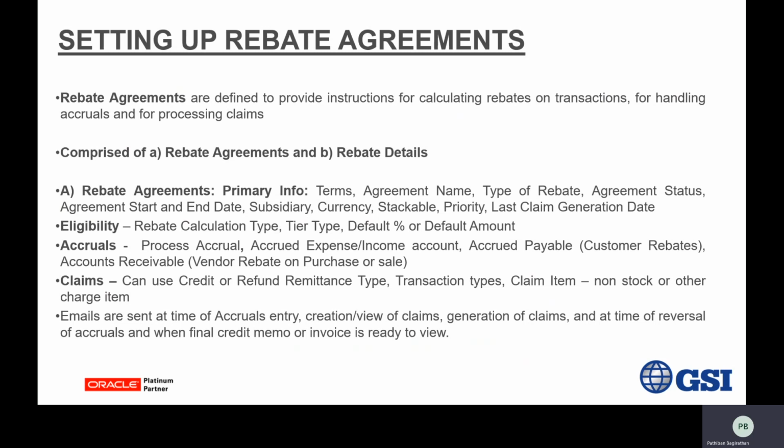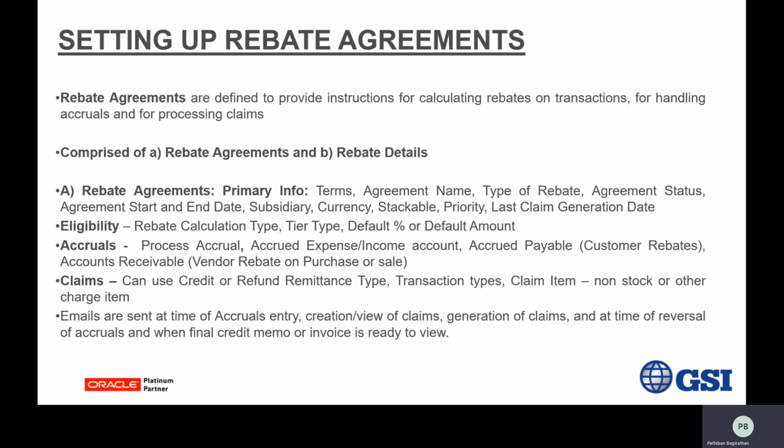And then you have to definitely define a start and end date, a subsidiary, a currency. So it's a good practice, a best practice, to define the currency of the rebate along with the sales order so that there's basically the same currency. Stackable and priority. So basically if it's two tied together for the same priority, there's two rebates on a sales order line.